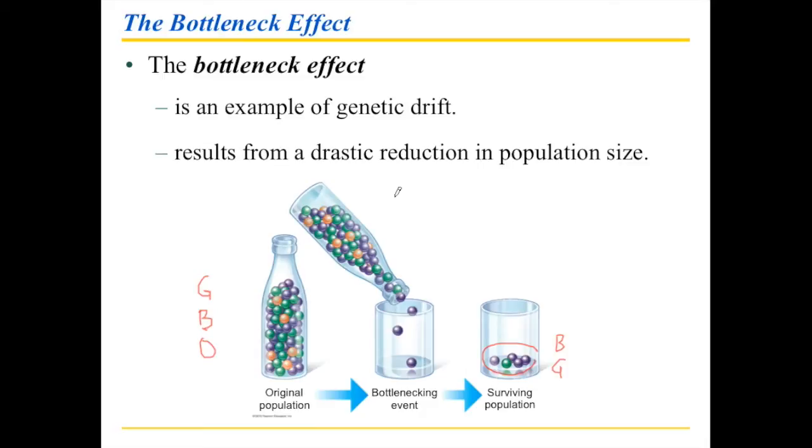And while they're foraging, the tsunami sweeps across the island, and everybody who happens to be in the palm tree survives, and everybody who happens to be in the shrubs dies. Now, they were all good at getting food. They were just in the wrong place at the wrong time when they got swept away. So in this case, it has nothing to do with how well they were equipped to deal with their environment. They were just unlucky. And that's an example of a bottleneck.